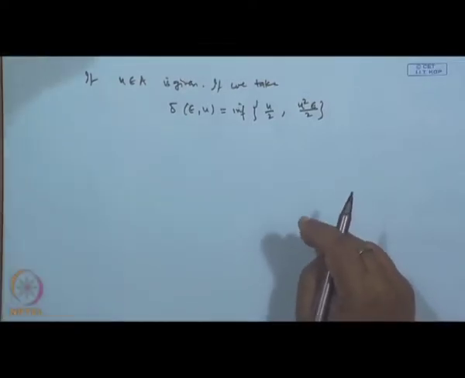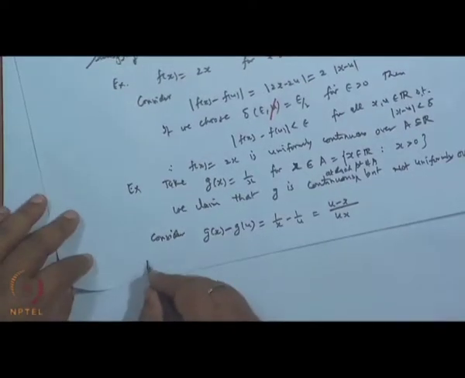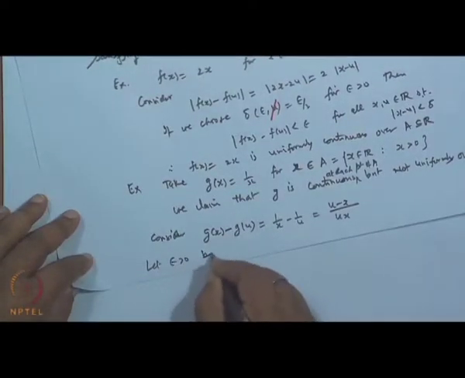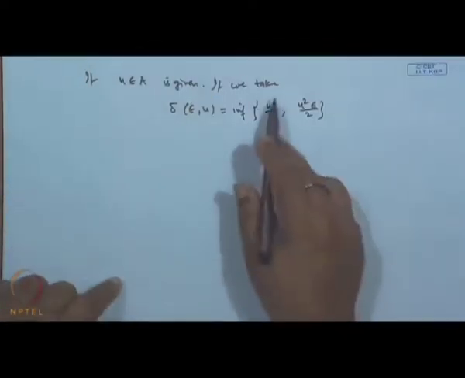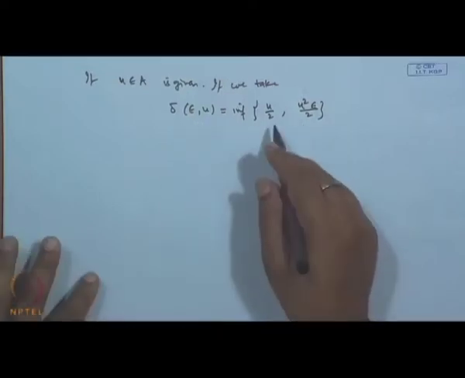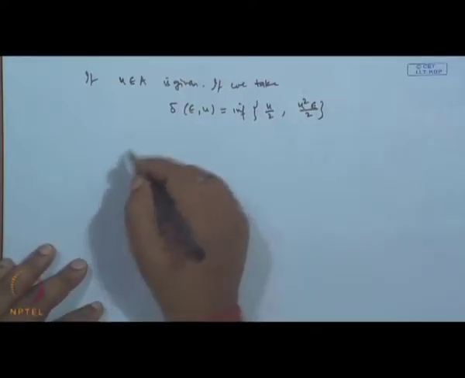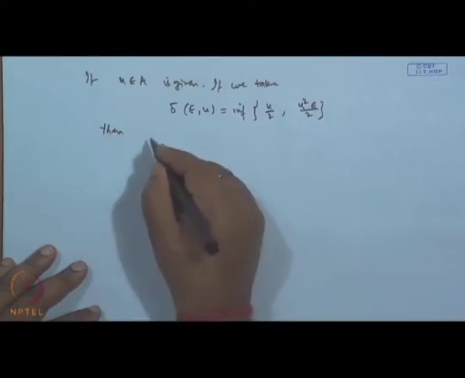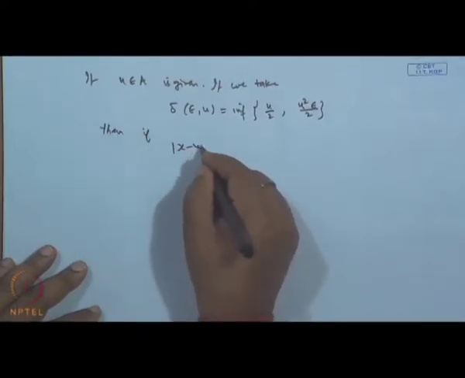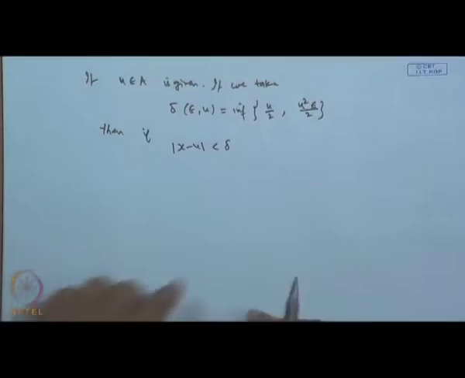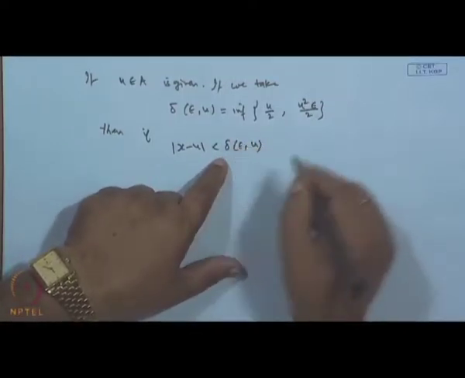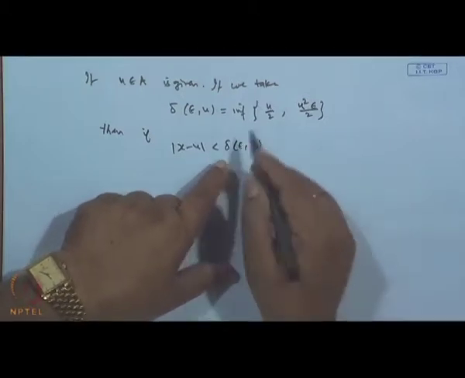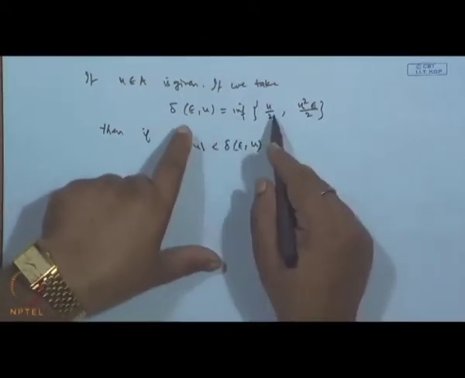So, let epsilon greater than 0 be given, and let us pick up the point u at which the continuity is tested. So, now choose the delta as this. When you take this delta, then if mod of x minus u is less than delta, which depends on epsilon and u, then I can choose.